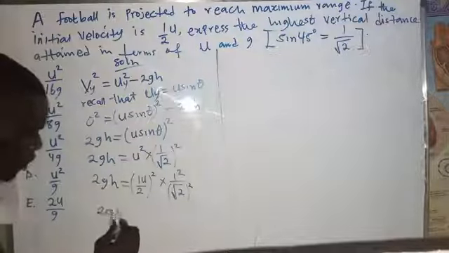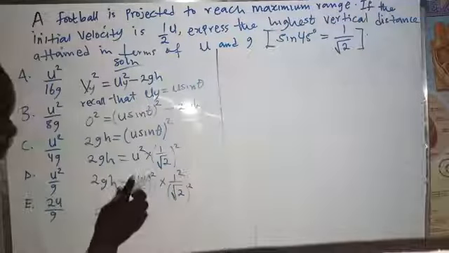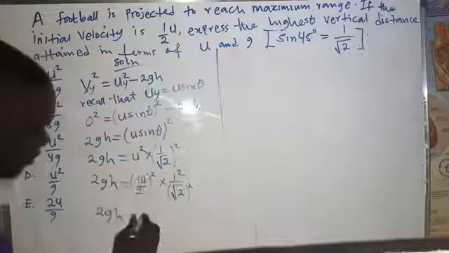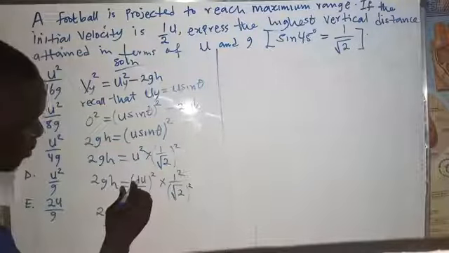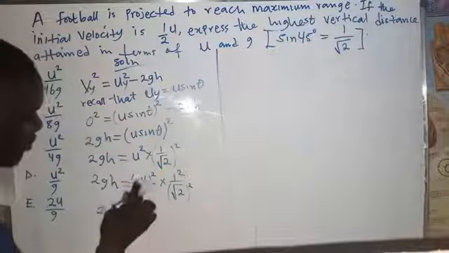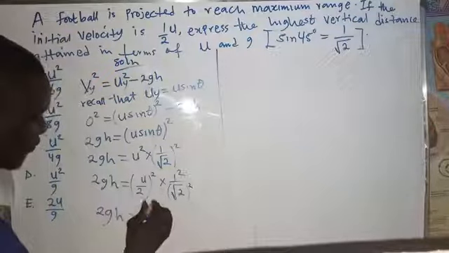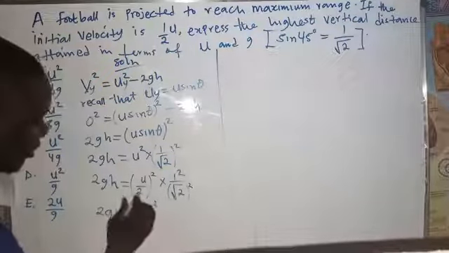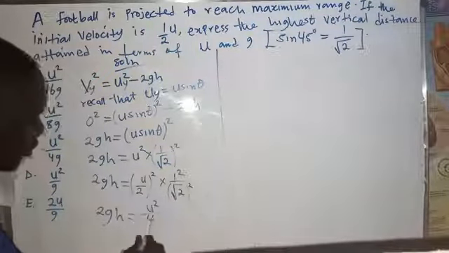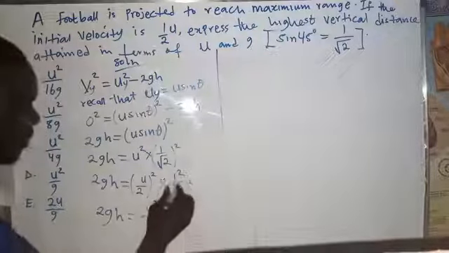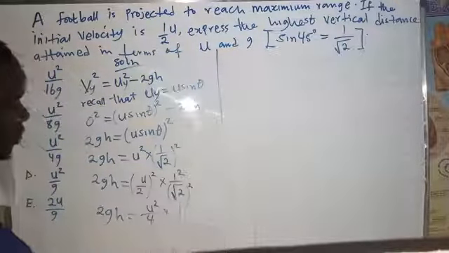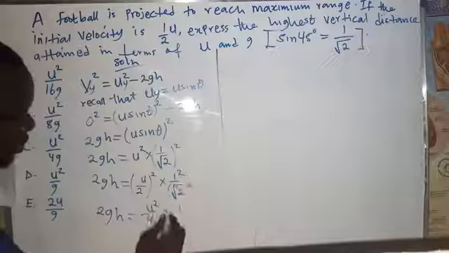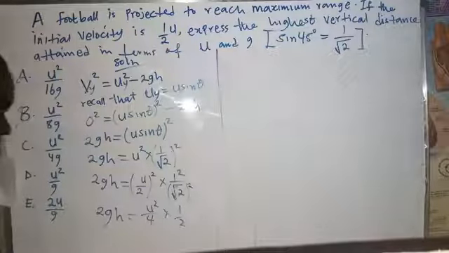This square is for everything in the bracket. 1 times u is the same thing as u, so we're going to have u squared all over 2 squared, which is 4, multiplied by 1 squared, which is 1, and this square takes care of the root, so we're going to have 2 here.